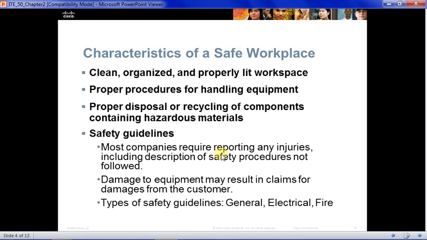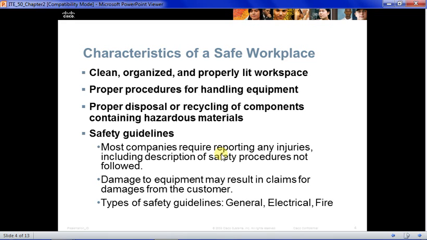Also, you'll want to unplug all equipment before you begin working on it. That means from the power source, and also disconnect your computer case from the monitor. Sometimes people will forget to do that, and then there's power coming from the monitor. You should not open up the power supply or monitors or the CRT monitor. Remember, they contain high voltage and could cause harm.